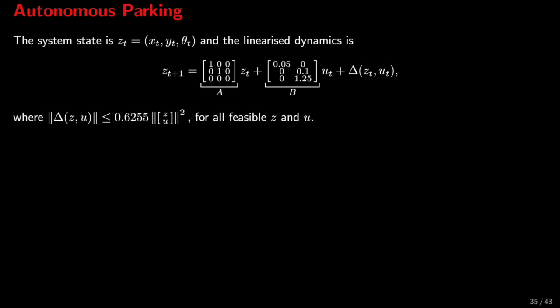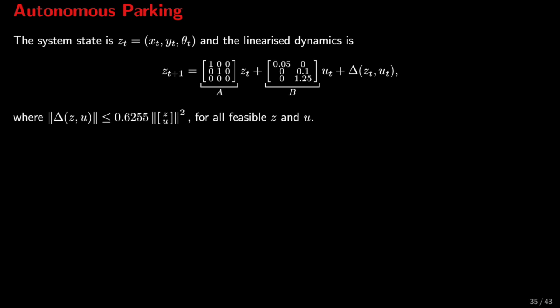Now the system state is the vector x, y, and theta. If we linearize the system dynamics, we will see that it can be written as z_{t+1} is some matrix A times z_t plus some matrix B times u_t plus some linearization error.